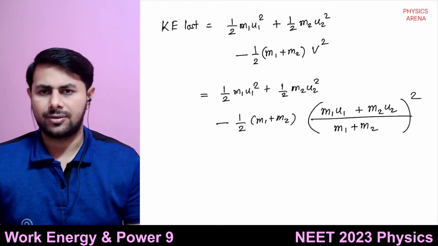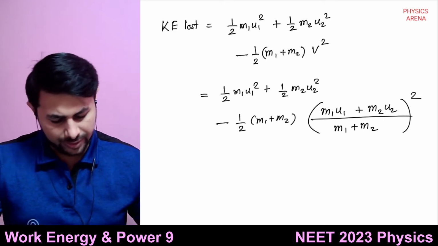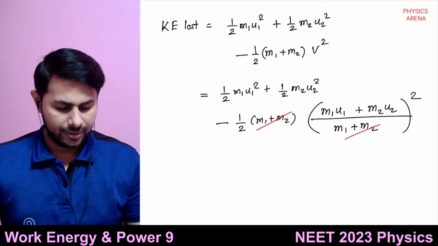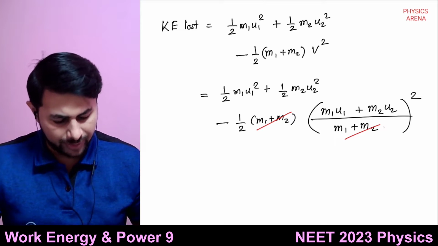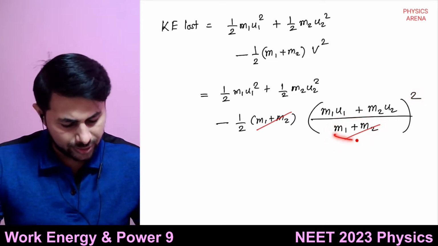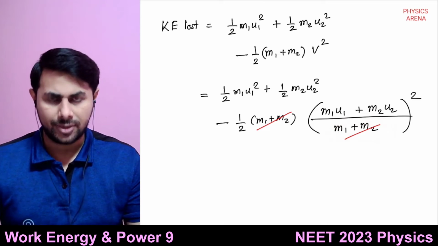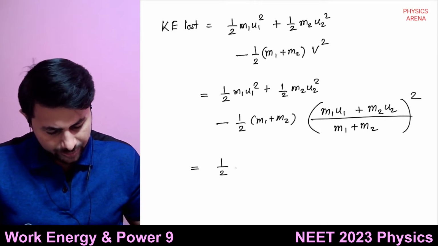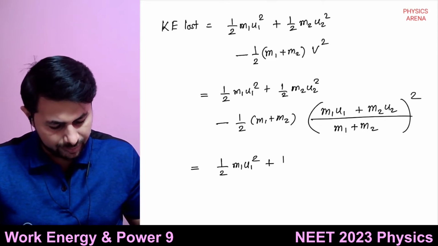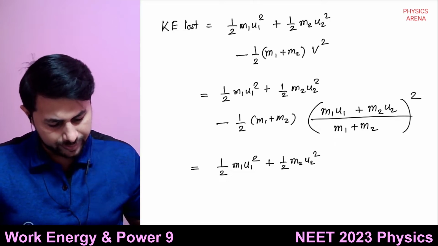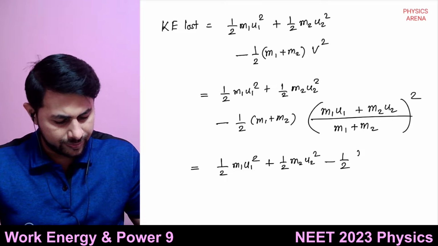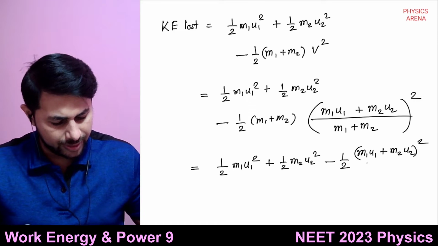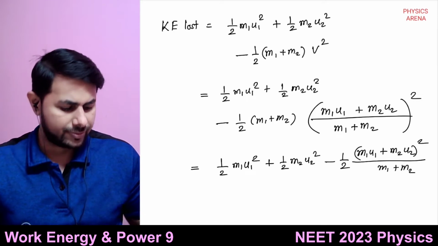Then the m1 plus m2 cancels with one power of the squared denominator, so only m1 plus m2 remains. We can write this as half m1 u1 squared plus half m2 u2 squared minus half of (m1 u1 plus m2 u2) squared divided by (m1 plus m2).